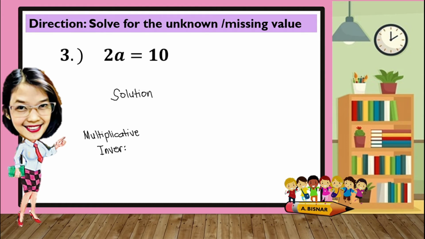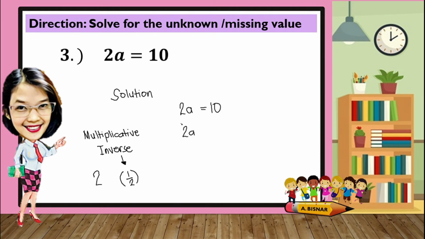How to do that? From the given, you have 2a is equal to 10. The inverse of 2 is 1/2. Now, what to do with that inverse? You have to multiply the inverse to both sides of the equation.